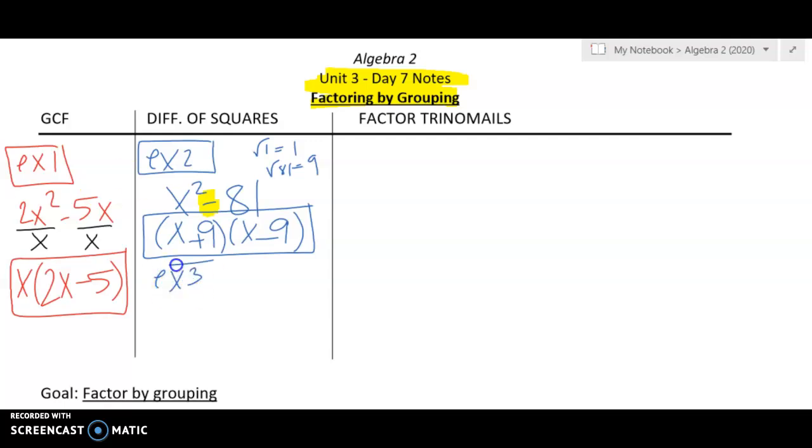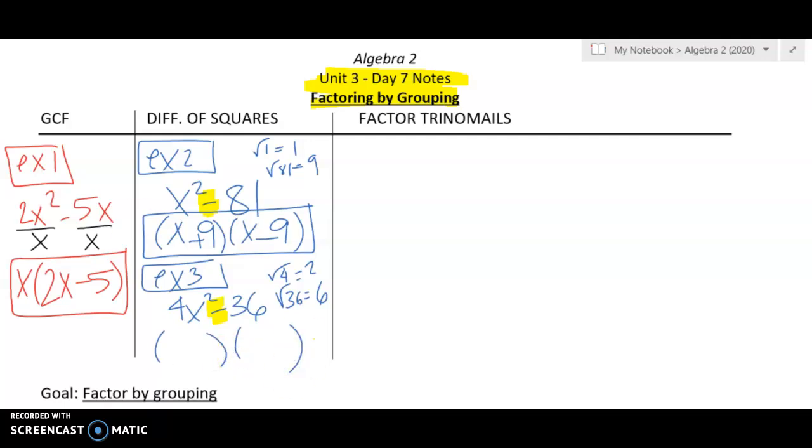Let me just throw a different one at you for this one. Example 3. Let's see. Something like 4x squared minus 36. It is a binomial, so that's good. It has a minus sign. That's also good. Let's check perfect squares. Square root of 4 is 2. That works. Square root of 36 is 6. That also works. So let's separate this into my factors.